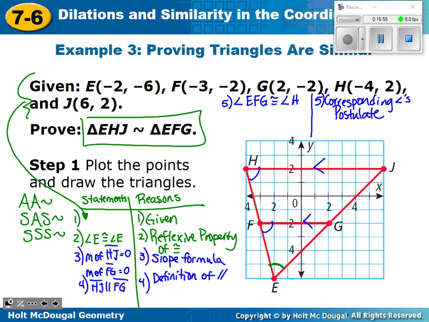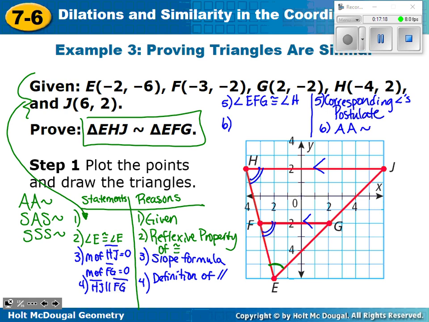And you'll notice how this stuff doesn't go away, right? It just keeps building. We're in chapter 7 still using that stuff from chapter 3. So it keeps coming back to us. And now, why are the two triangles similar? Angle, angle. And I should have used a different number of marks here. That's bad notation there. Sorry. So we can say the two triangles are similar by angle, angle.